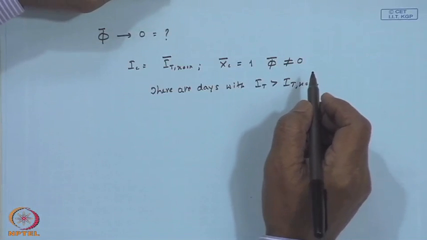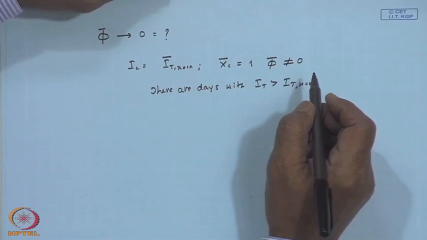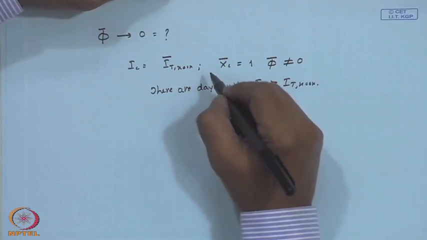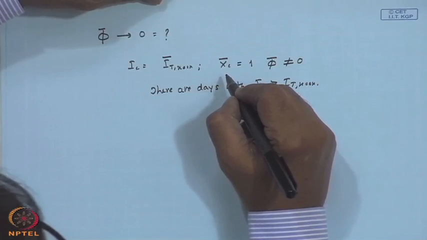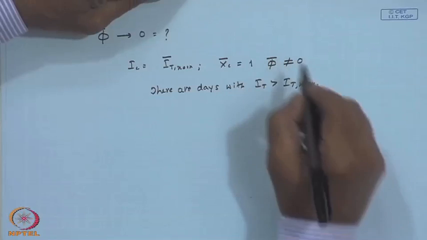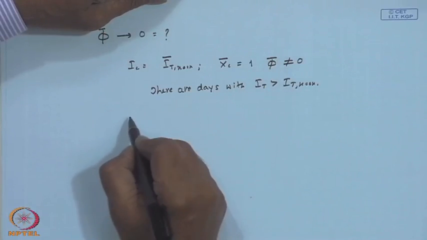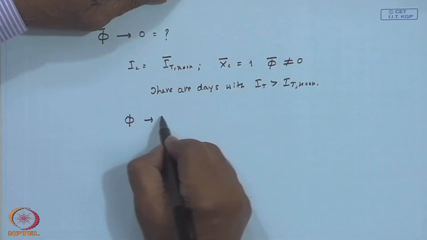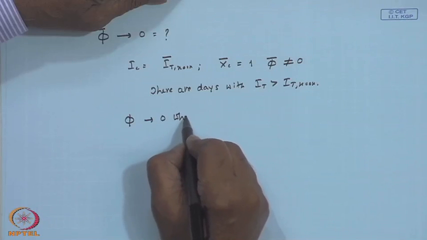So, one property is my monthly average daily utilizability, which is related to my x c bar: if x c bar is equal to 1, it is not equal to 0. Now, phi bar, when will this be 0?